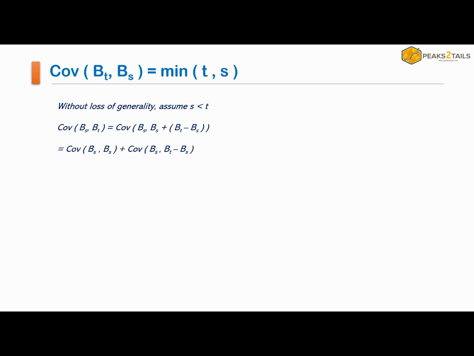And the first term is nothing but the variance of Bs, and variance of Bs is nothing but s from the distribution. So we are getting s. Now we assumed s less than t, so we got the answer s. So we can say in general that the covariance between Bt and Bs is the minimum of s and t.